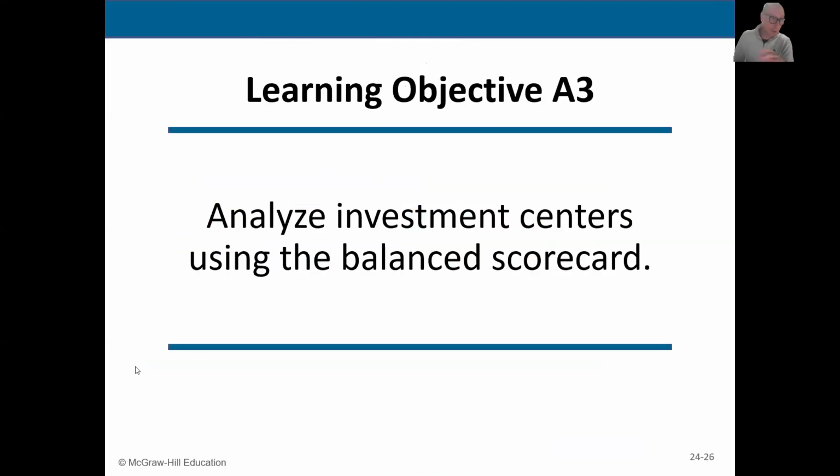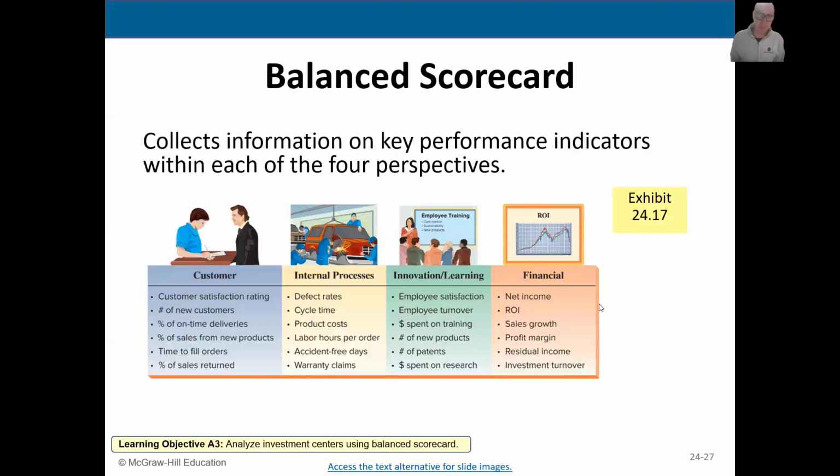one of the last things we do to analyze the performance of the department or the company is to use what we call the balanced scorecard approach to the investment system. A balanced scorecard is a system of performance measures that helps us to consider financial and non-financial information to evaluate the performance of the company or the department.